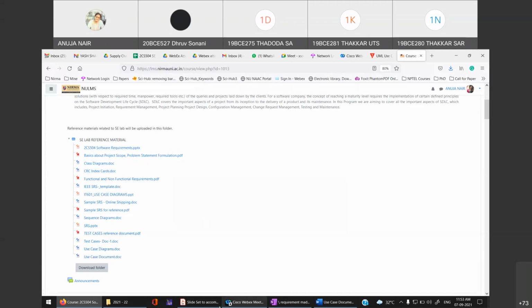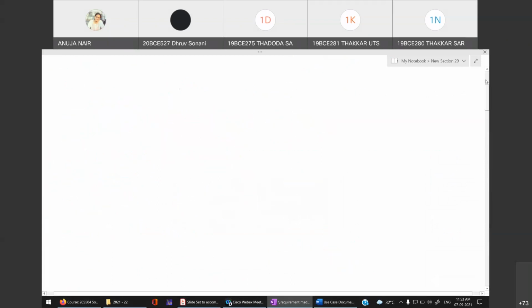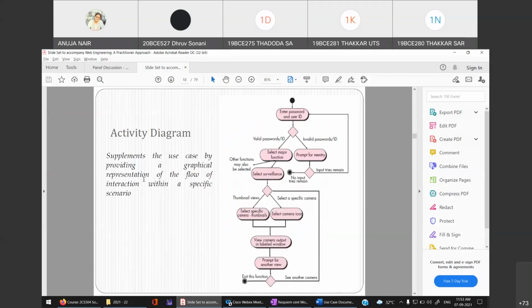Okay. So I have completed use case user stories. I'll complete the activity diagram in swimlane right now. It's simple. An activity diagram is like a flowchart. In a flowchart you show the entire flow of your system.